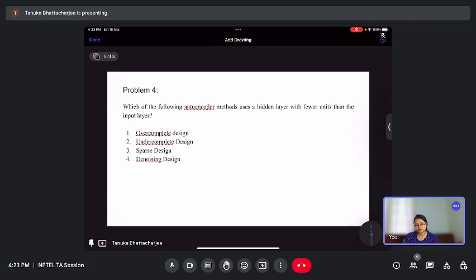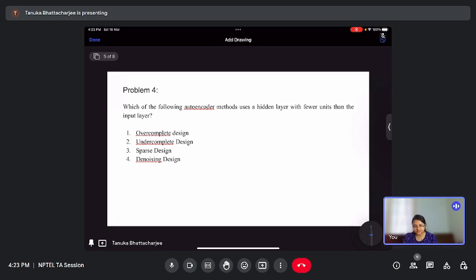Now the next one is, which of the following autoencoder methods uses a hidden layer with fewer units than the input layer? Overcomplete, undercomplete, sparse, or denoising? Sparse. Same thing.